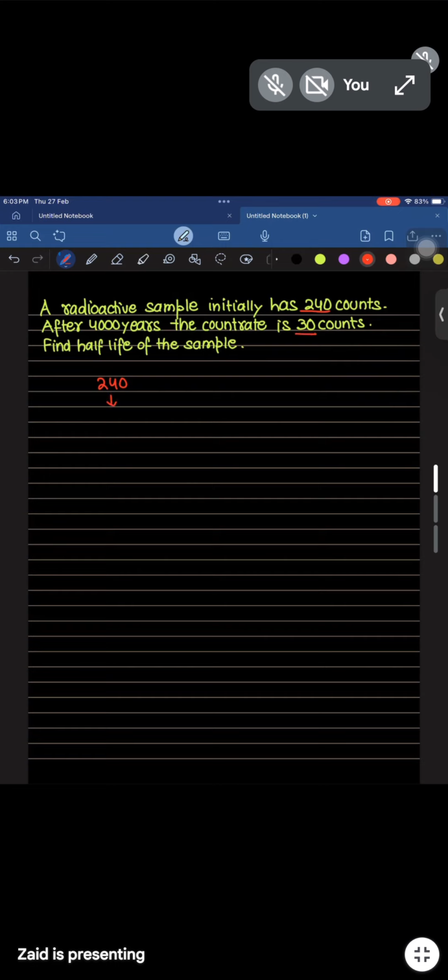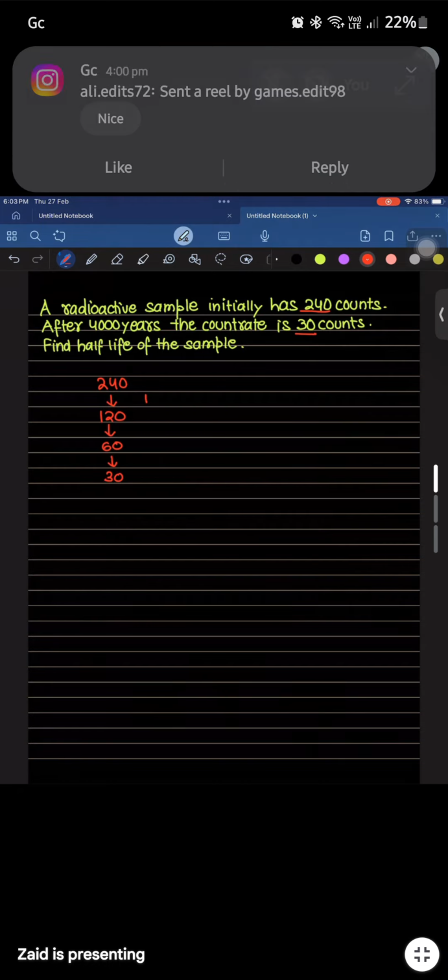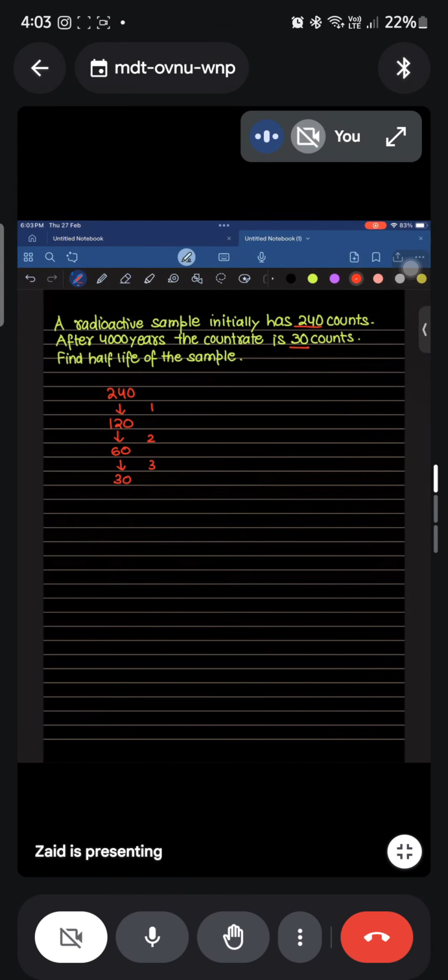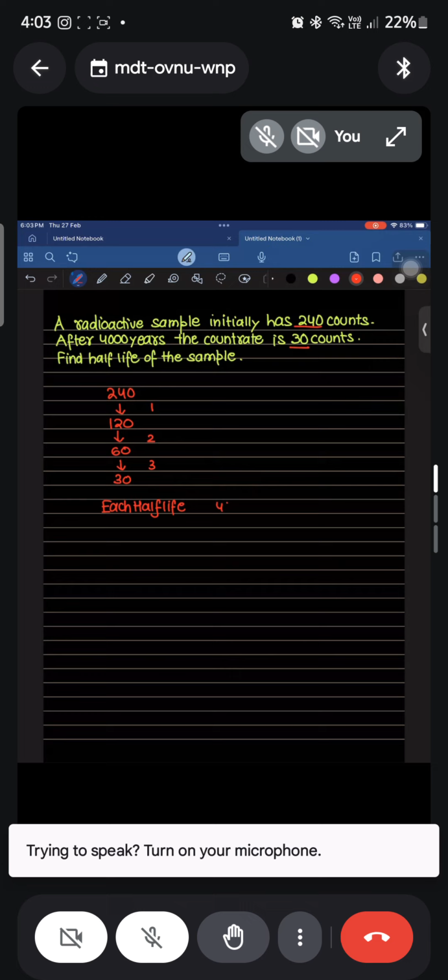So 240 half is 120, 120 half is 60, 60 half is 30. So that means you're having one, two, and three half-lives, isn't it? So each half-life is going to be 4,000 divided by 3.